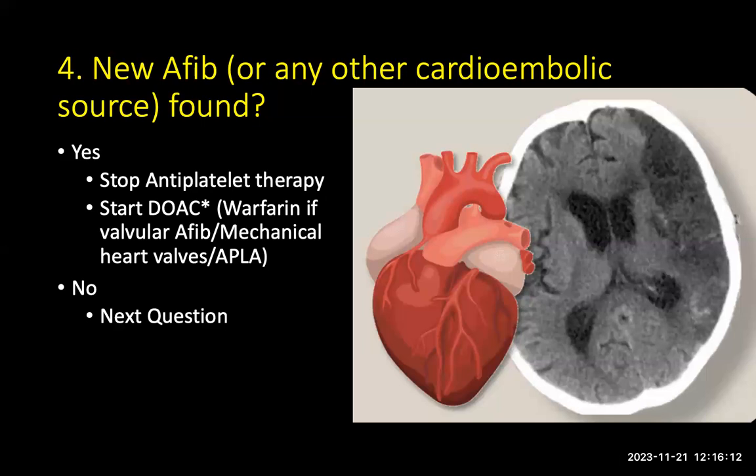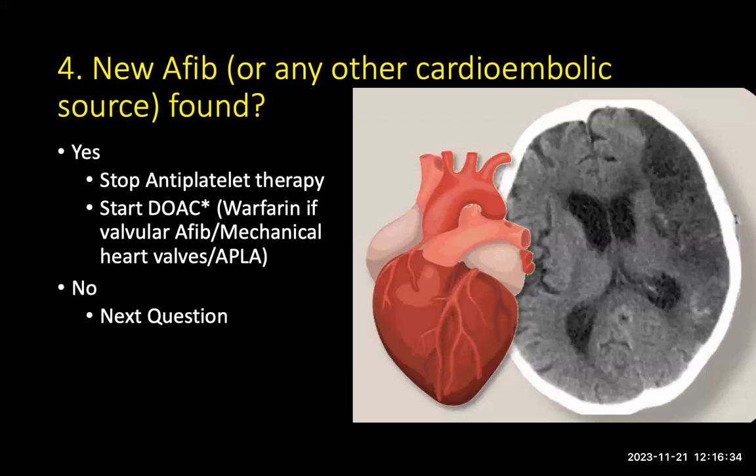If they've already had the CTAs, we wouldn't need it. We'll probably get an echocardiogram to see if there's any cardiac source of emboli. And we order a Holter monitor, either a 2-day, 3-day, 2 weeks, depending on our suspicion. And we see if there's any atrial fibrillation that we find.